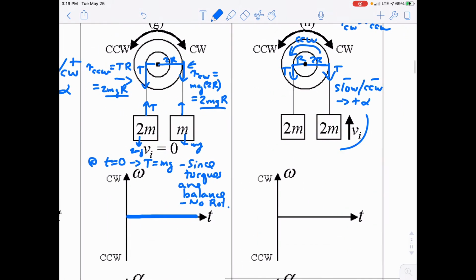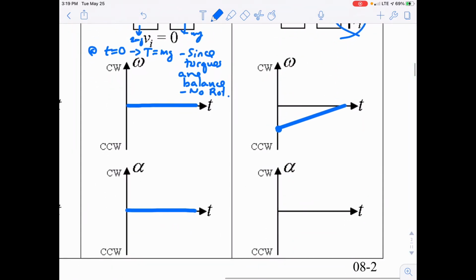So you're starting with some negative omega because you're giving it negative spin. It's going to drop off to 0. It's going to slow down, which accounts for positive constant acceleration.